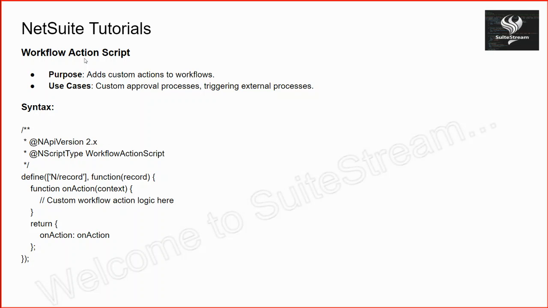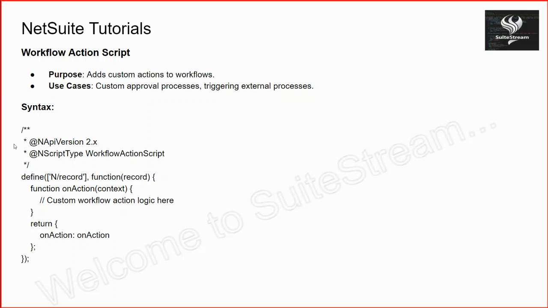It is basically used for custom approval processes and triggering external processes. This is the syntax: script API version and script type, workflow action script. This is the header part, defining the record module, and record is a return type.